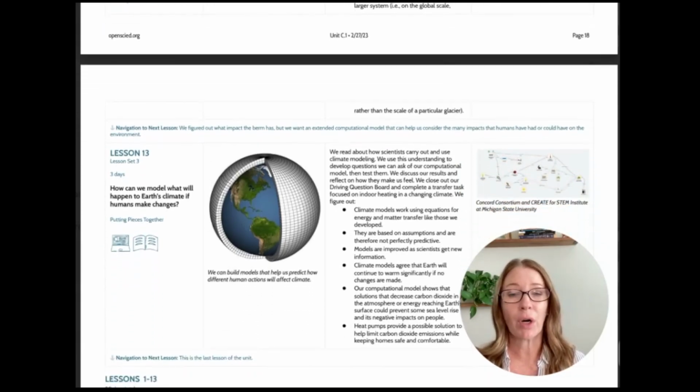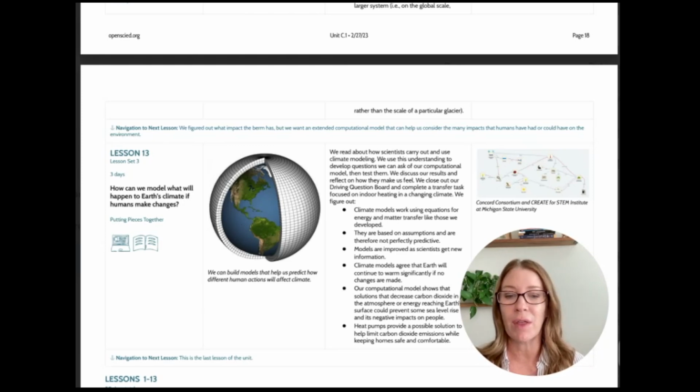In lesson 13, we're going to go a little bit deeper into a more global picture and how these systems interact across the world. We're going to talk about how climate models can be used to predict energy transfer, kind of like how much sea level rise will happen. We can calculate that because we have these mathematical models and we know how things interact.